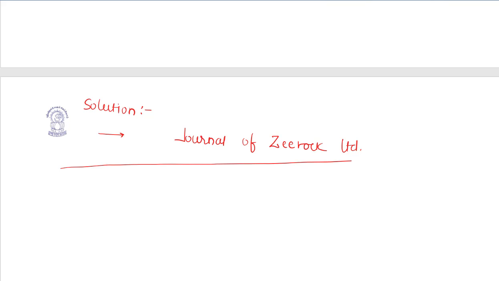Solution. The first is to make the journal of Xerox Limited. I believe you must be knowing the format of journal.